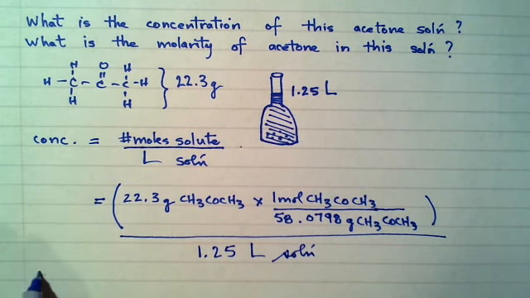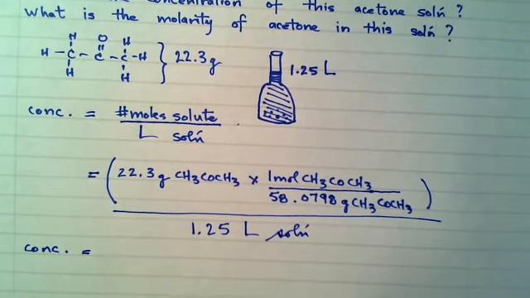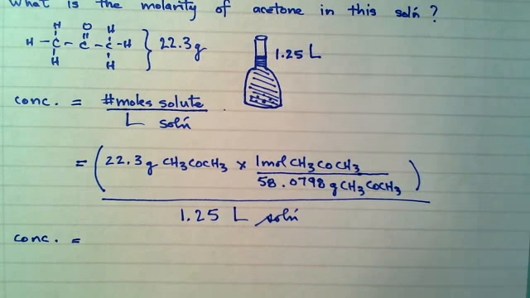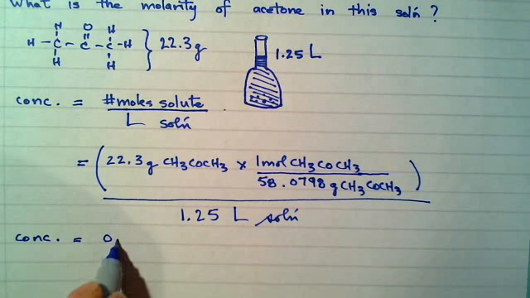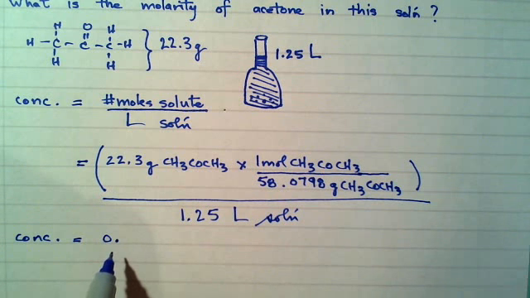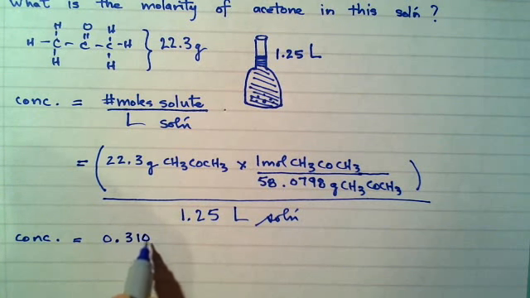And so my concentration then of acetone in this solution, or the concentration of the solution in terms of acetone solute, dividing that through, I get 0.3099, but it's 3 sig figs, so I'm going to change that to 0.310.